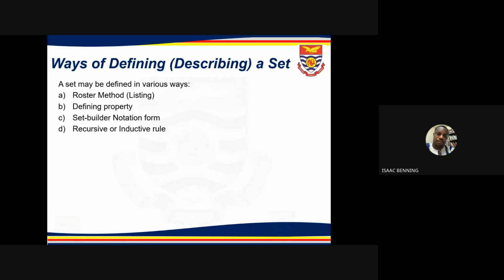Now, in what ways do we describe a set? There are 4 ways. We have the roster method, we have the defining property method, we have the set builder notation, then D, we have the recursive or inductive rule.